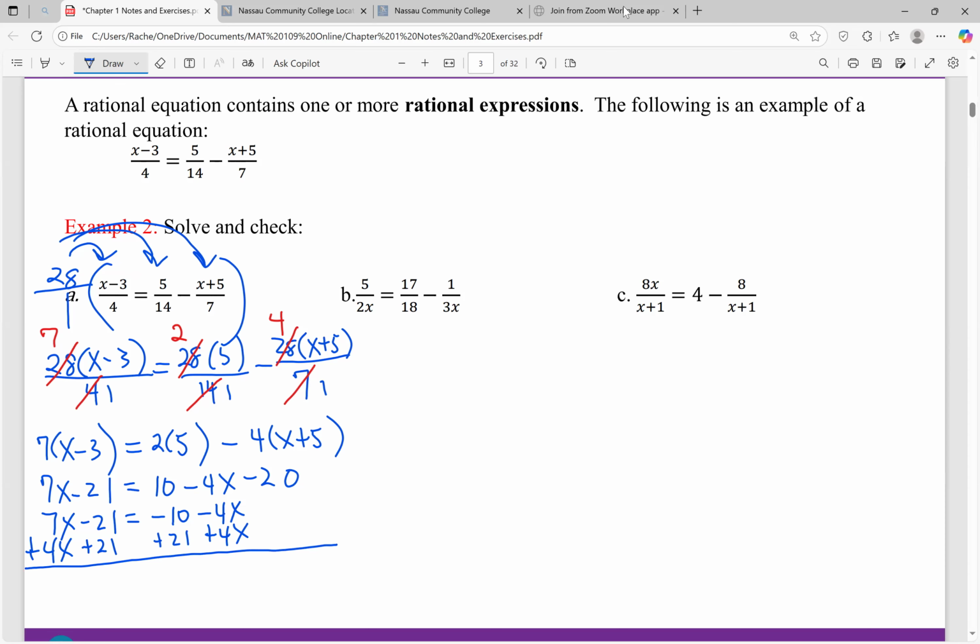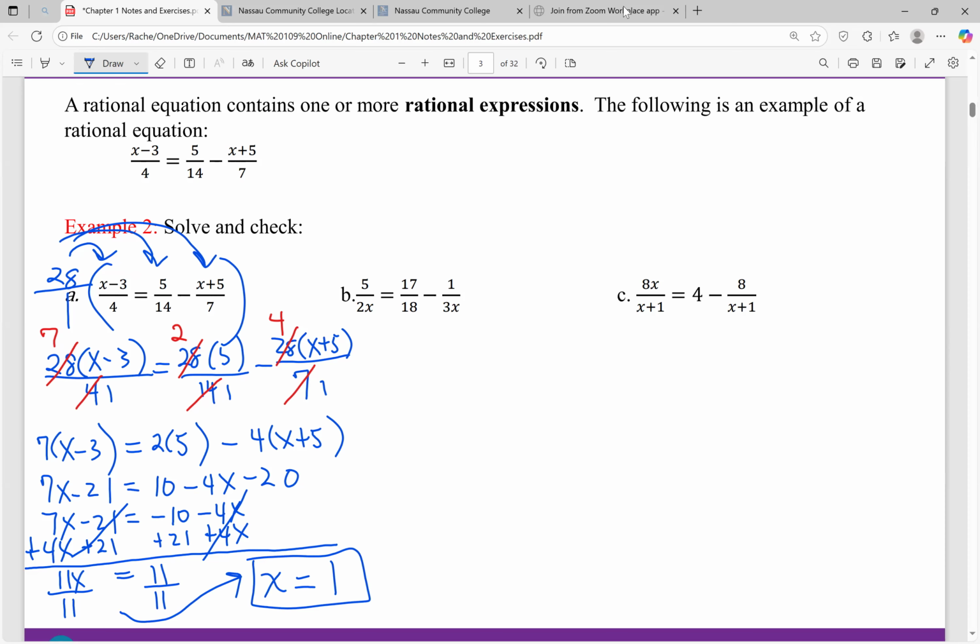So on the left-hand side, I'm going to have 7x plus 4x, which is 11x, equals negative 10 plus 21 is going to be positive 11. And now I could divide, right? If we divide by 11, we're going to end up with x is equal to 1.